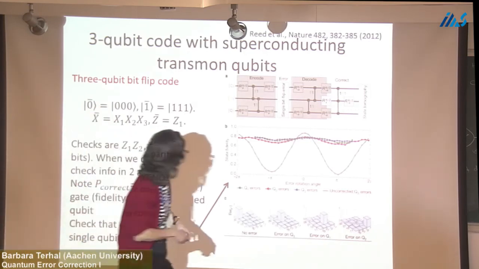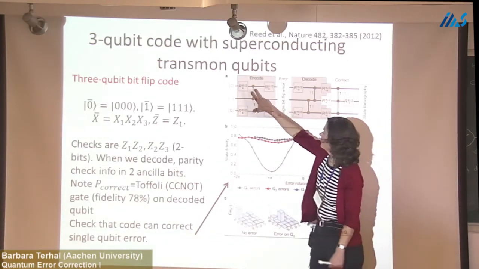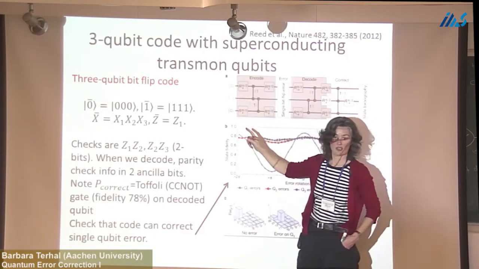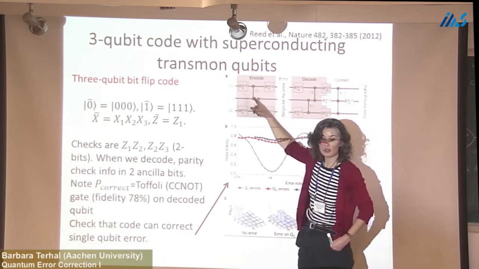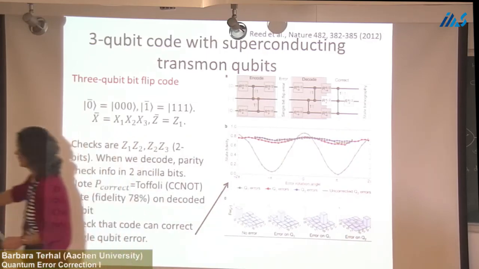What happens in this circuit, which you may not be able to see, is that there is an encode. There's a state psi, and these are ancilla qubits set to 0. This circuit does basically two CNOTs that map this psi onto the logical psi.